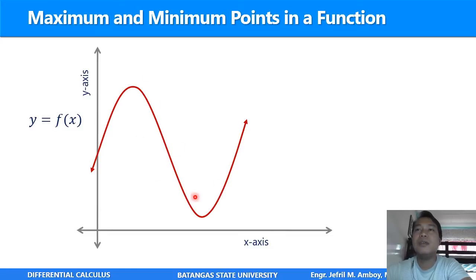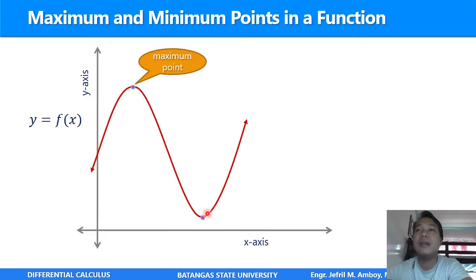So anong meron dito sa graph na ito? Of course, itong graph, this will go on downwards indefinitely, and this will go on upwards indefinitely. Walang katapusan yan. Pero mapapansin natin sa point na ito, at saka dito, meron tayong maximum point na tinatawag.